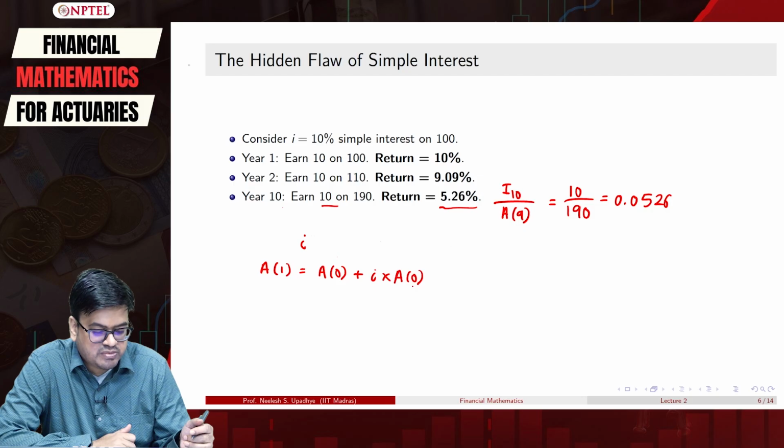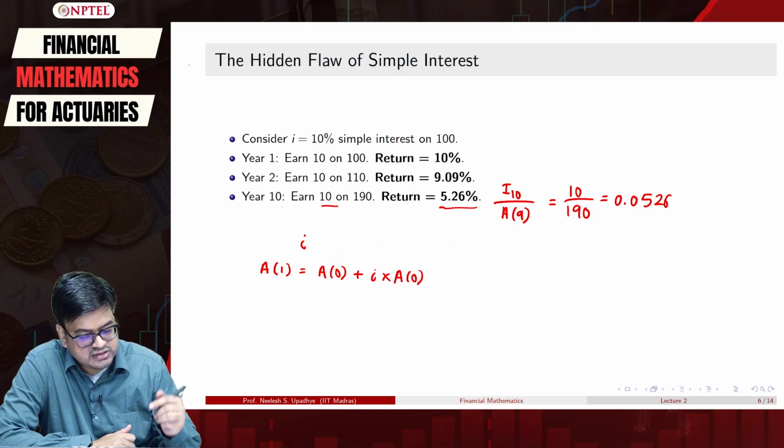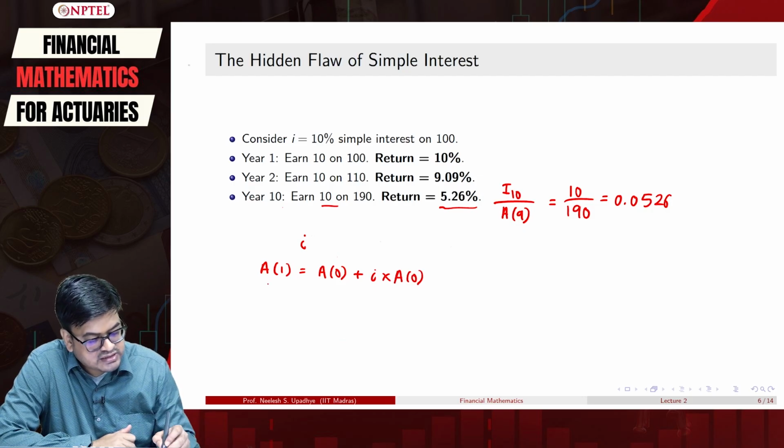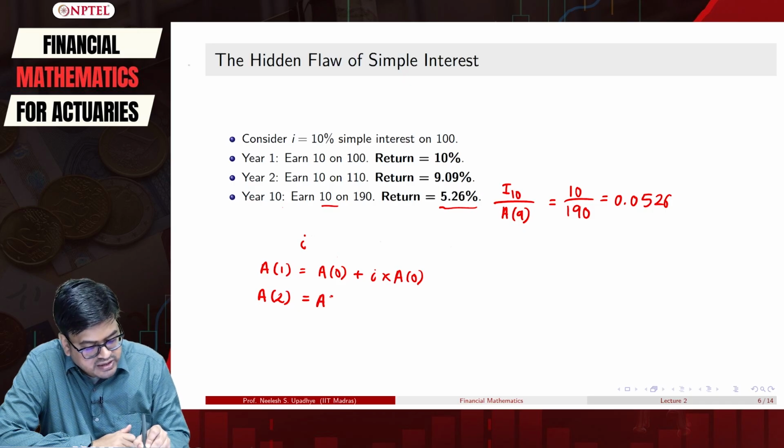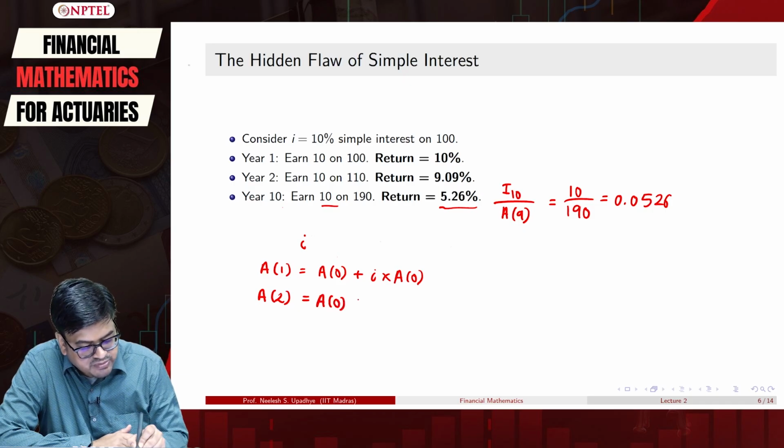So accumulation will be I times A0, that I is 10%. In the next year, which will be A2, because I am following this simple interest model, there won't be any interest accumulated over here. It will be A0. I am just reframing this.